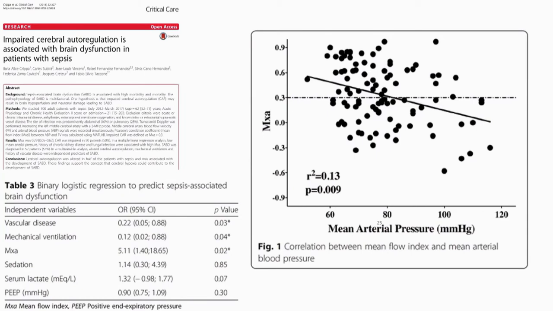And we know that very often in sepsis, you get drops in blood pressure. It fluctuates, and depending on how quickly you respond to it, it can affect the brain. The blood flow to the brain is definitely affected. So if that is the case, then should we be saying that this is a sepsis-associated encephalopathy, or is this a sepsis-associated cerebral dysfunction of autoregulation?